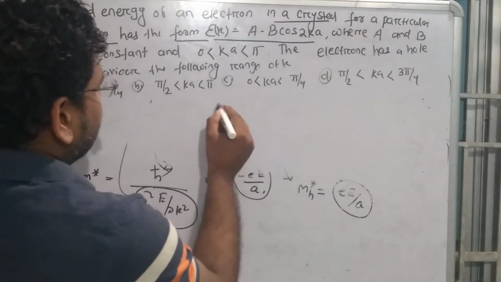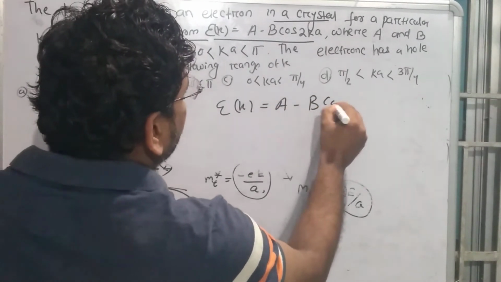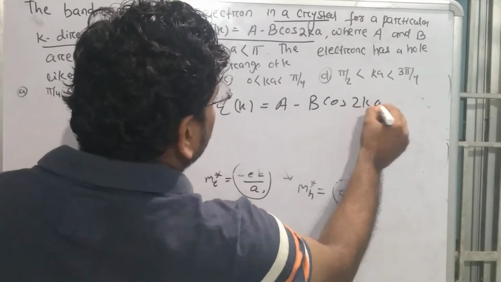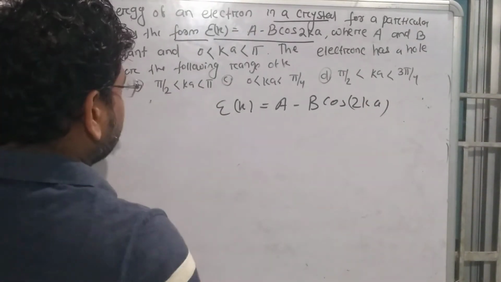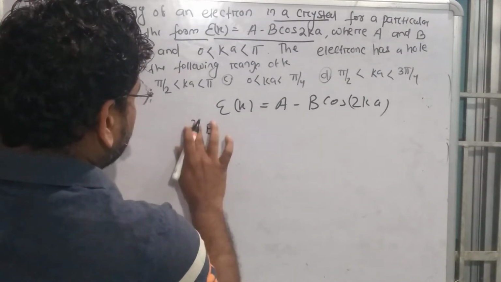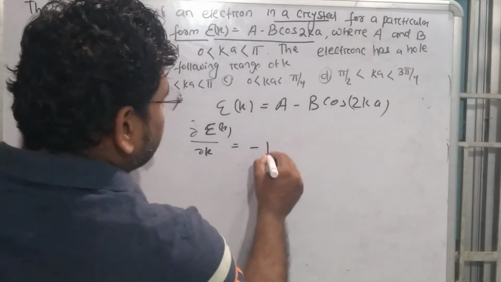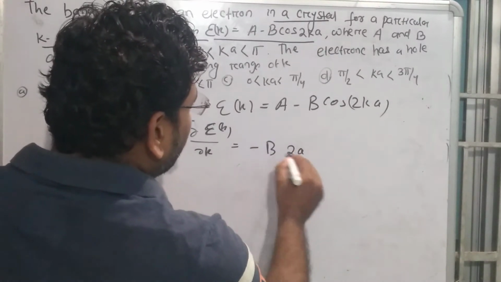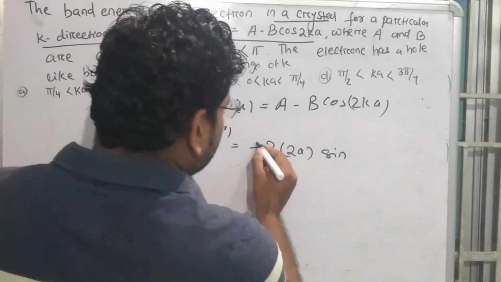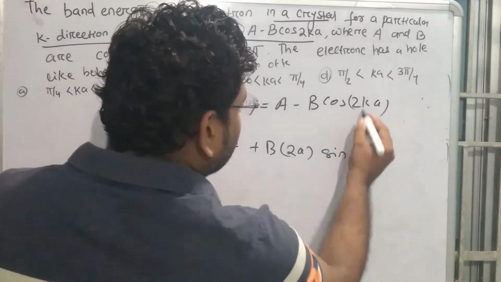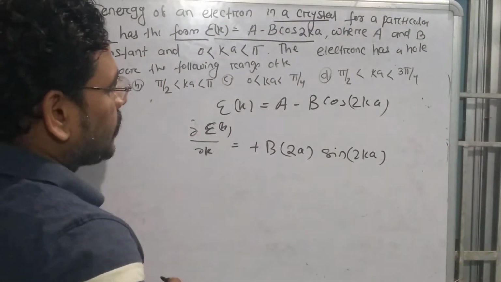The energy of the band is given as A minus B cos 2Ka. If I take the first derivative, dE by dk will be B times 2a times sine 2Ka, with the sign becoming plus.